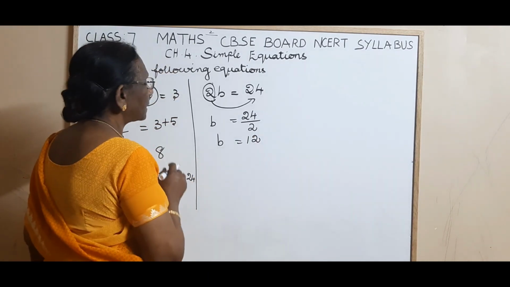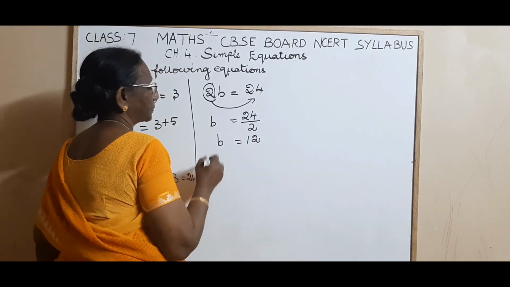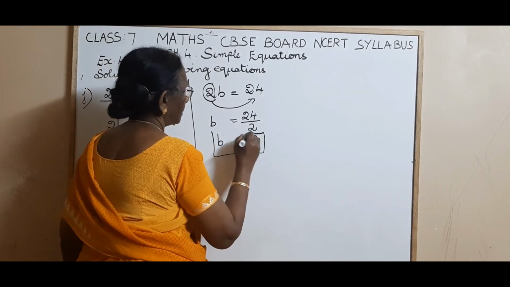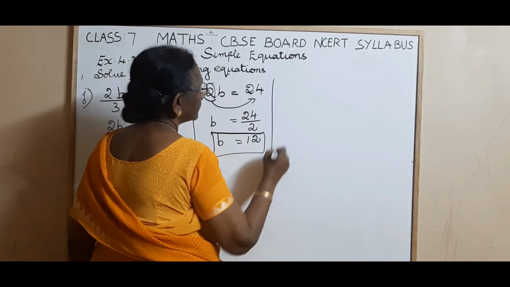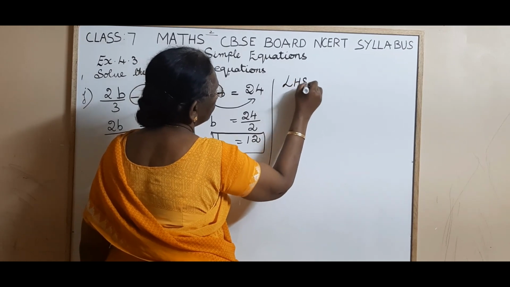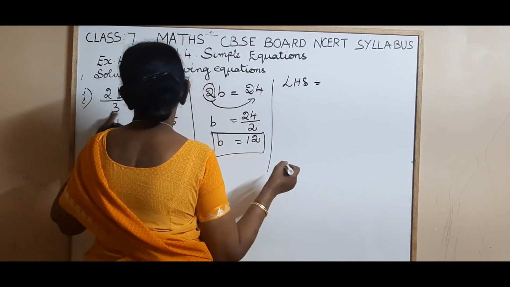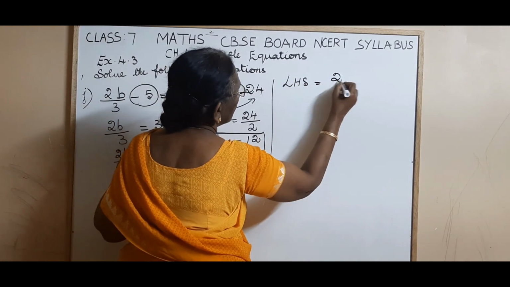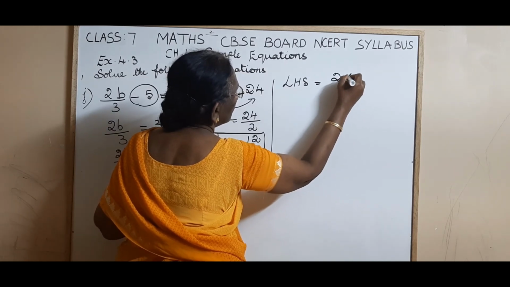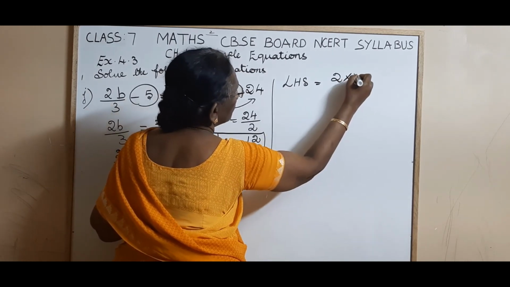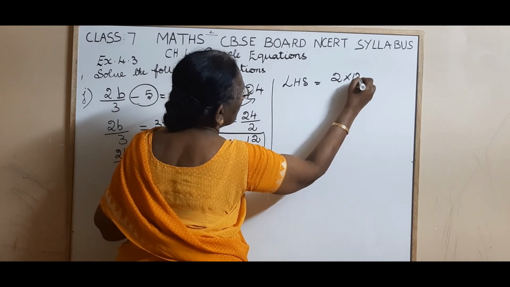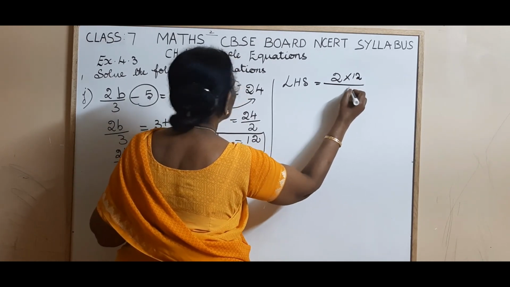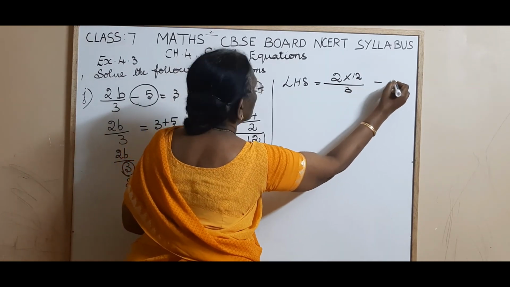Now we will check whether our answer is correct or not. We have got this value. Now checking or verification, LHS is what? 2b by 3. 2b means what? 2 into 12 by 3 minus 5.